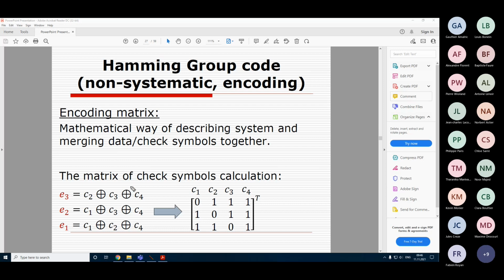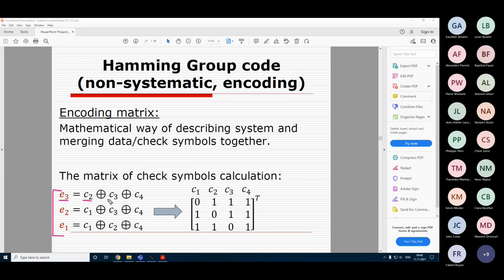So let us see how this matrix is designed. Basically, we start with a set of equations, and please note that the first equation in this set is actually E3 rather than E1. So we start with the last control symbol equation, and at the last position is the first control symbol equation.